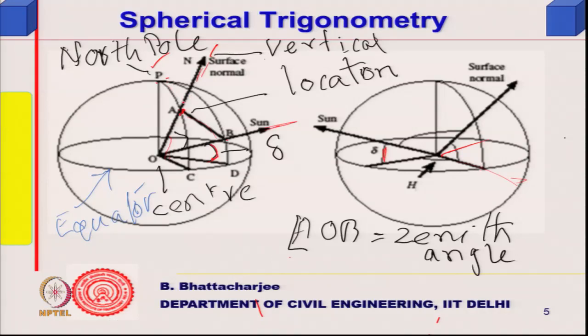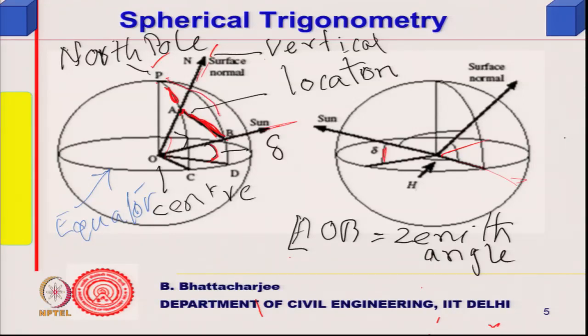So, this angle AOP or POA, whatever you call it, is 90 degree minus latitude. What is this angle? The zenith angle, 90 degree minus beta, right.